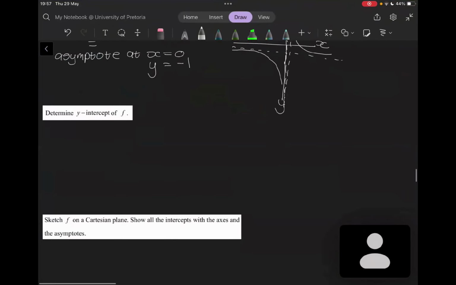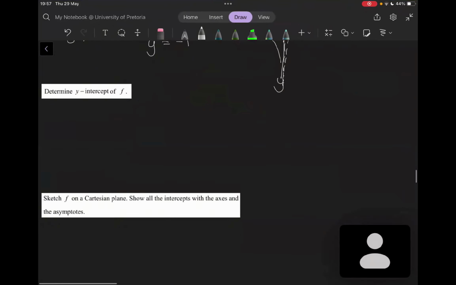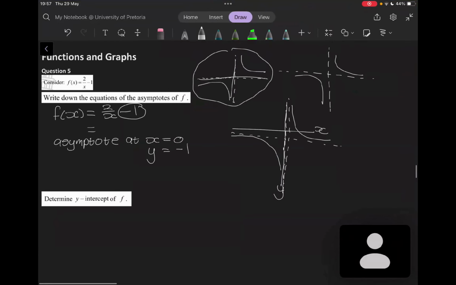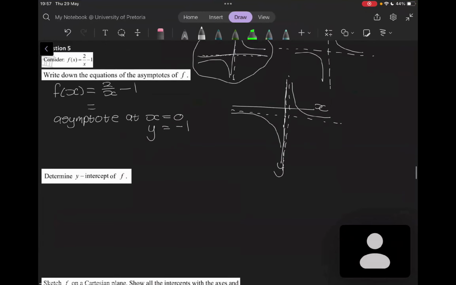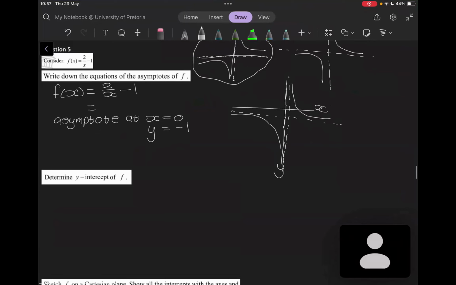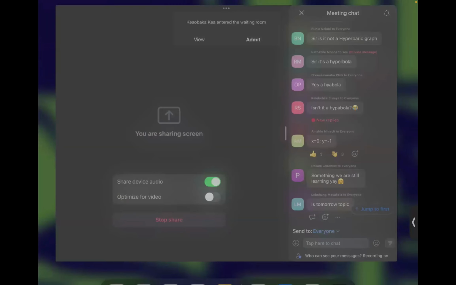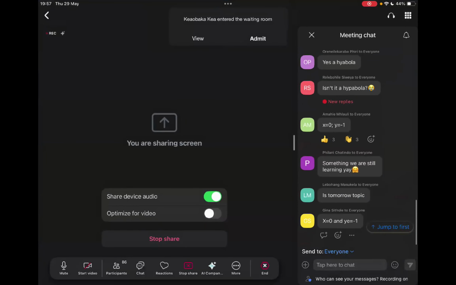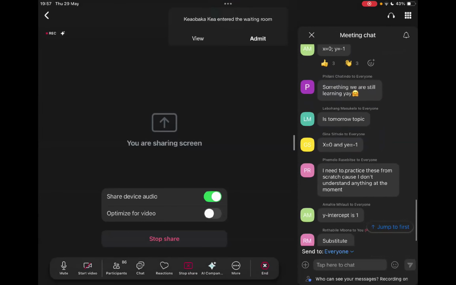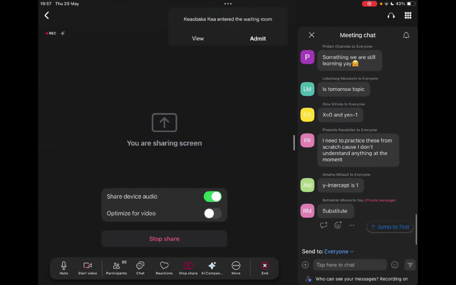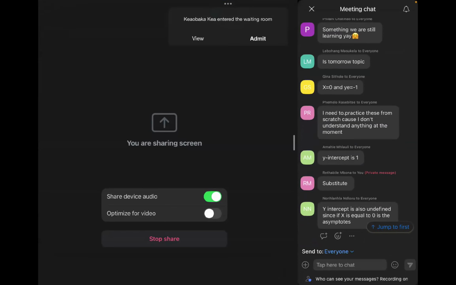Now, the next thing that it's asking us to do is to determine the y-intercept of f. f is our function as outlined over here. How do we find the y-intercept? How do you guys think we find the y-intercept? Let's see in the chat. Tabila, we do substitute.